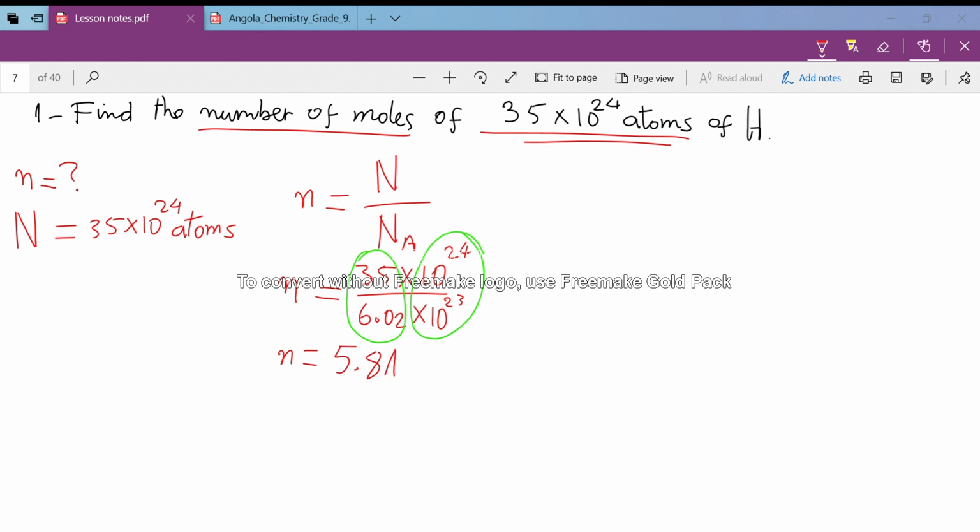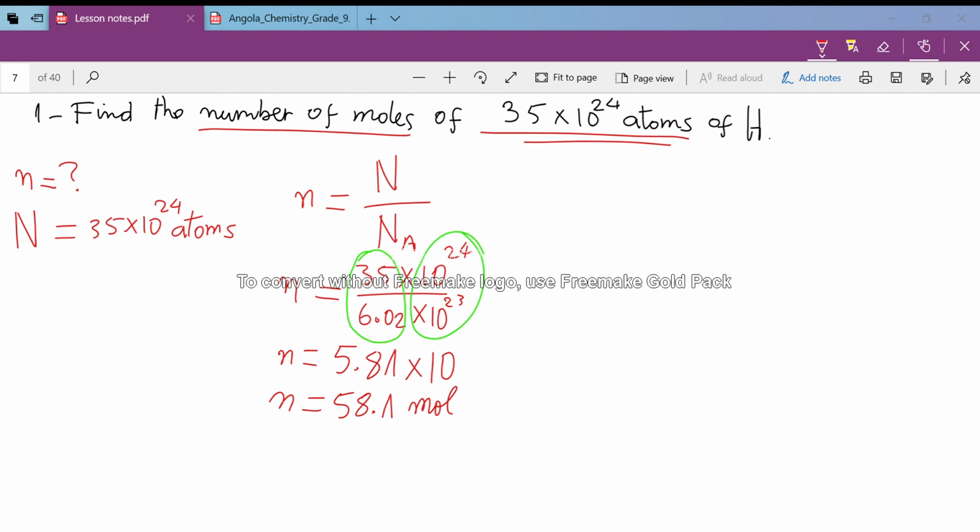Then times 10 to the power of 24 divided by 10 to the power of 23, which will be 10. It makes your calculation much easier. So the final result would be 58.1 moles.